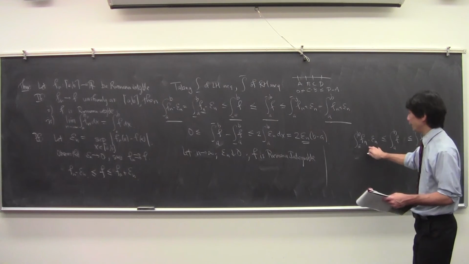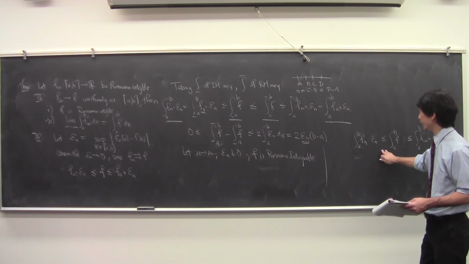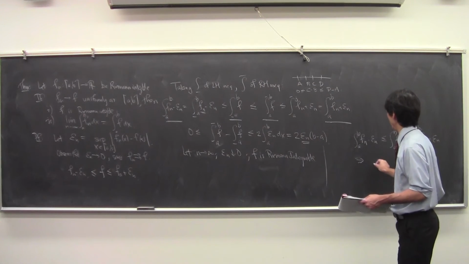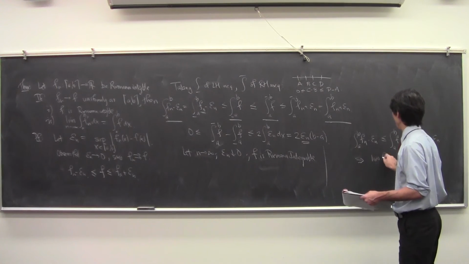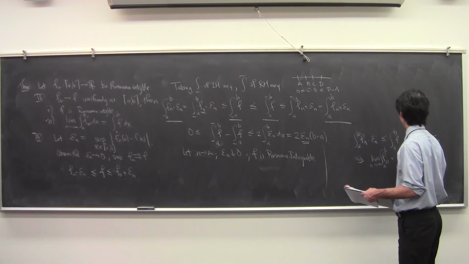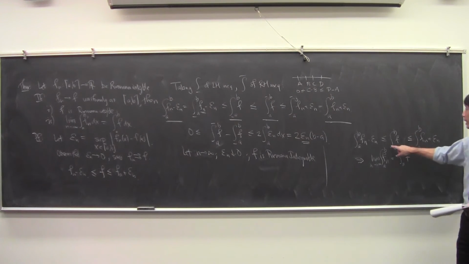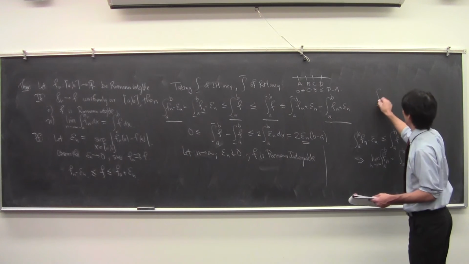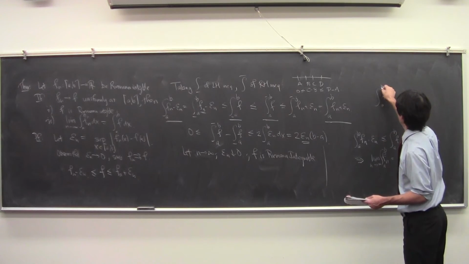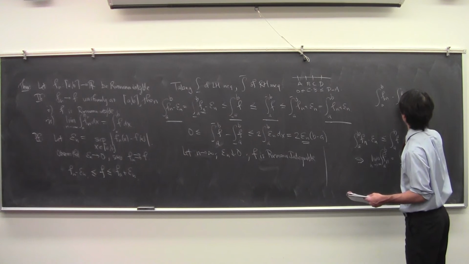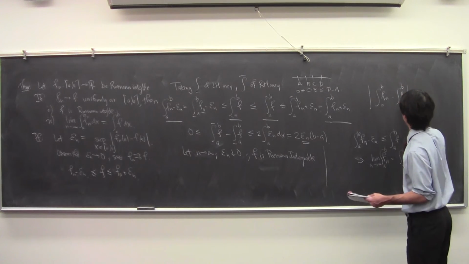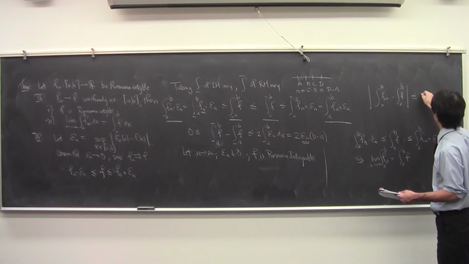Right. If you let n go to infinity, what you see is that the limit of the integrals of f sub n equals the integral of f. What you see is that the distance between the integrals of fn and f is smaller than, again, 2 epsilon n times b minus a.